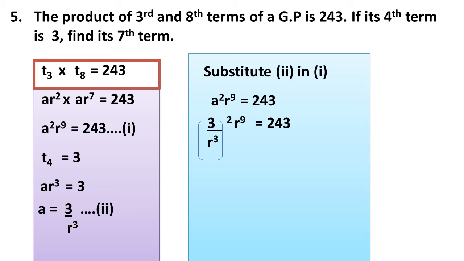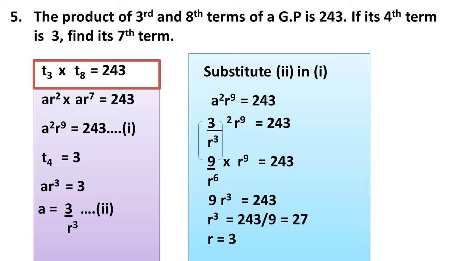In the place of A, 3 by R cube is substituted. So in the next step, 3 square is 9, R cube whole square is R to the power 6, into R to the power of 9 is equal to 243. R to the power of 9 by R to the power of 6 is R cube.